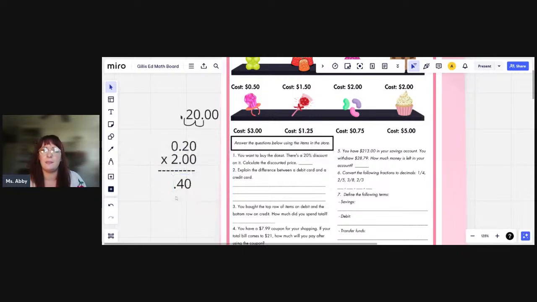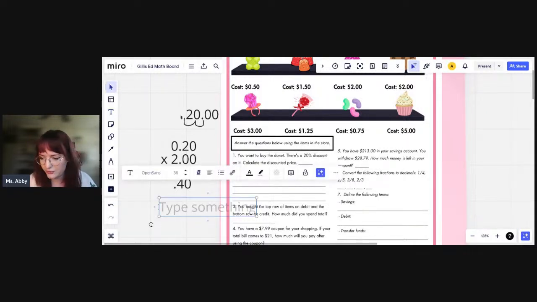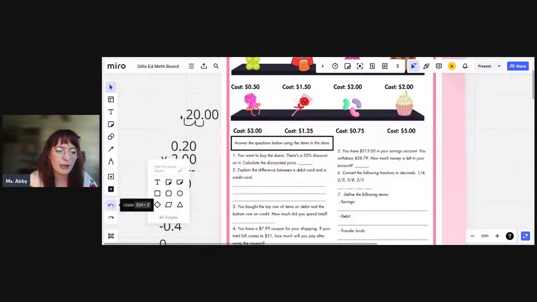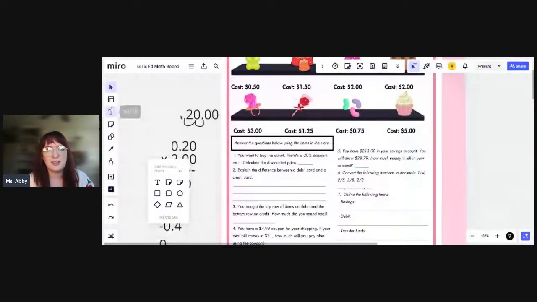But we're not done. We still have to subtract this from the original price. So we're going to take this discount right here, and we're going to subtract it from our original price, which is $2. So we're going to take $2, which again is 2.00, and we're going to subtract 40 cents from it, 0.40. A lot of students struggle with remembering what the dollars represent.